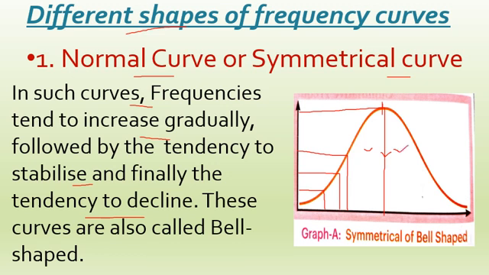That is why it is known as symmetrical curve. After reaching this highest point, it starts decreasing. The frequencies start decreasing at later class intervals. So these are known as normal curve when the rate of decrease and rate of increase is symmetrical or uniform.